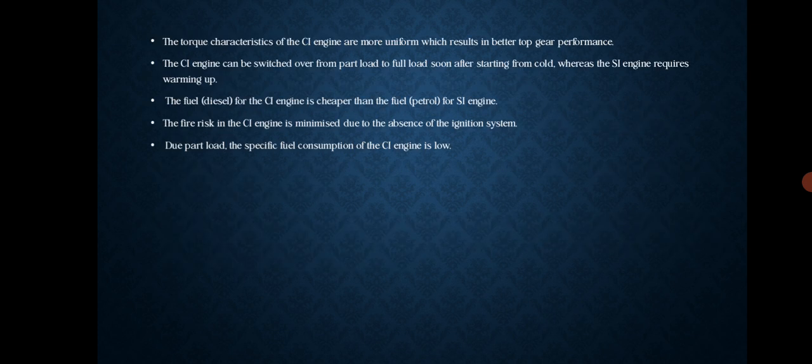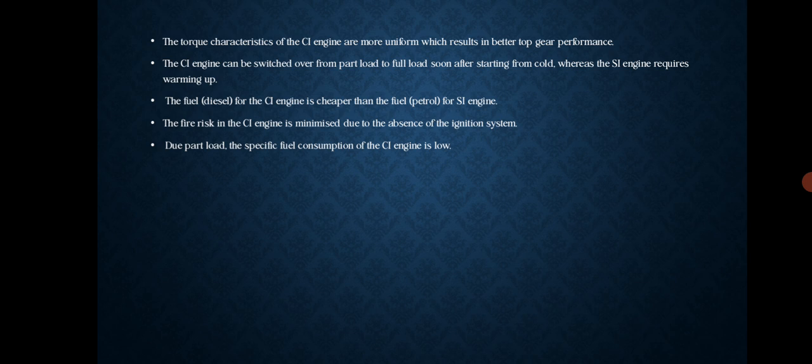The torque characteristics of the CA engine are more uniform, which results in better top gear performance. The CA engine can be switched over from part load to full load soon after starting from cold, whereas the SA engine requires warming up.